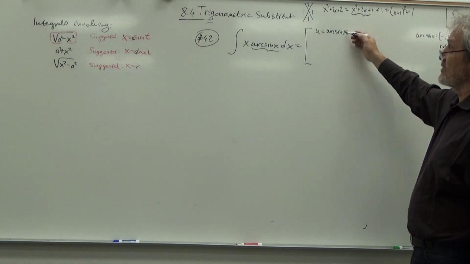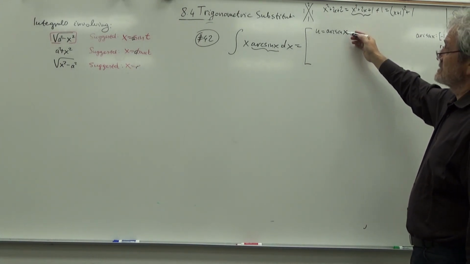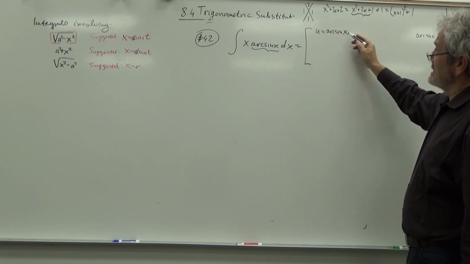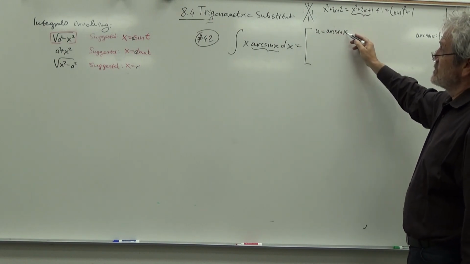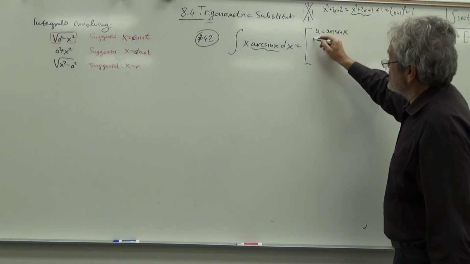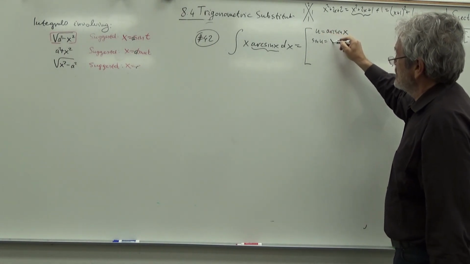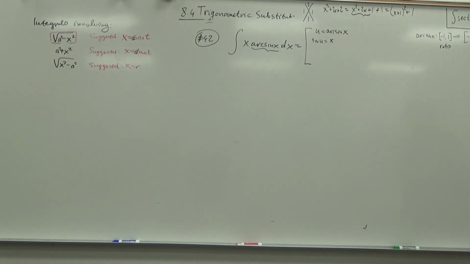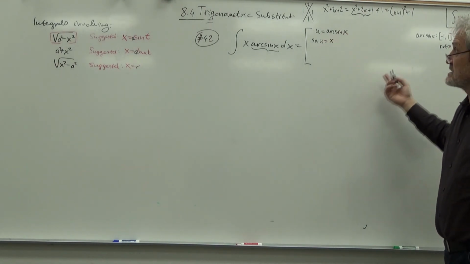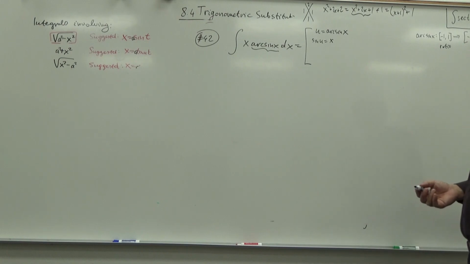Because it's nicely solvable for x. So U is the angle, x is the ratio. You can also say it the other way around: sine of U equals x, because they're the same thing. It's the angle whose ratio is x. It's the same thing to say.